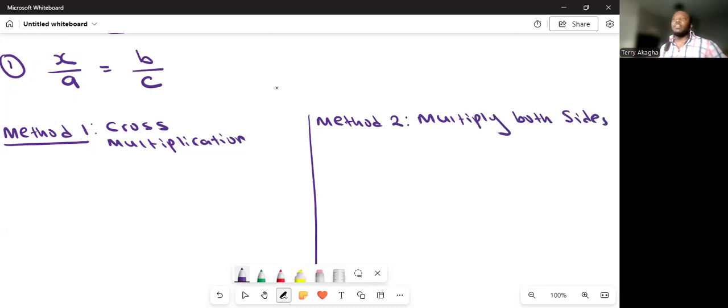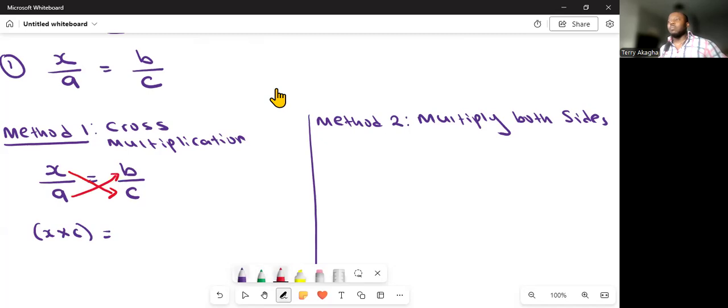So the cross multiplication, we're going to do that. You're going to have x over a is equal to b over c. So cross multiply, we have x multiplying c will be equal to a multiplying b. So we're going to have xc is equal to ab.